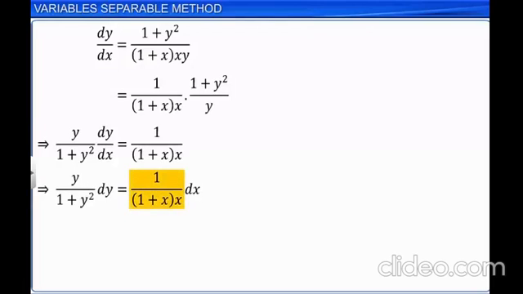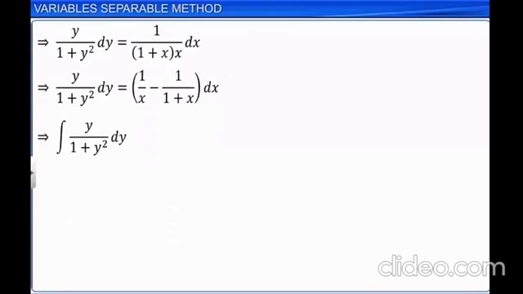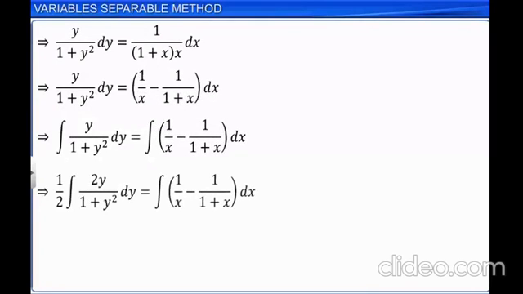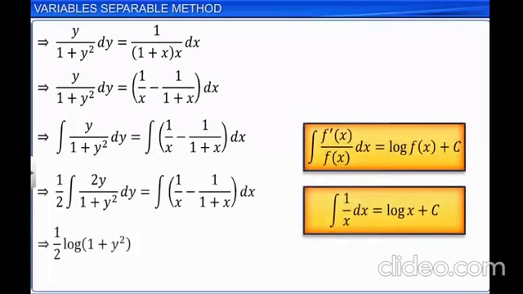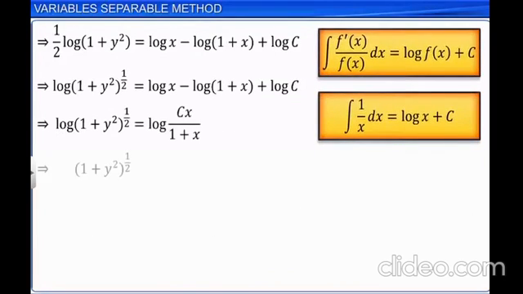Finally, integrating both sides, we get (1/2) log(1 + y^2) = log x - log(1 + x) + log c. On further simplification, we get (1 + y^2)(1 + x)^2 = cx^2, which is the solution of the given differential equation.